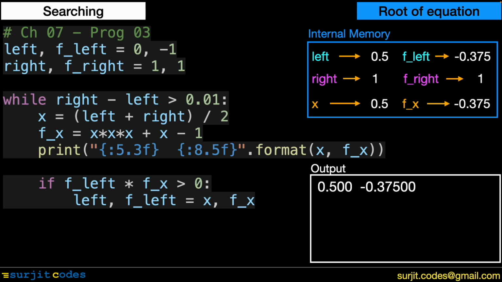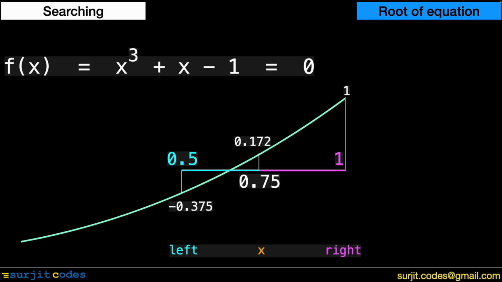Gap between left and right is now 0.5, but it is still very large, so we perform another iteration of the loop to find the new value of x and the function at this new midpoint. Midpoint of left and right is now 0.75, which is new x. This time function values at left and x have opposite signs, which we confirm by finding their product, which is negative this time.